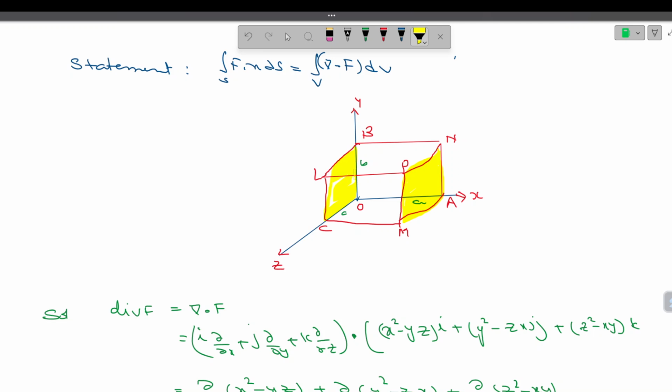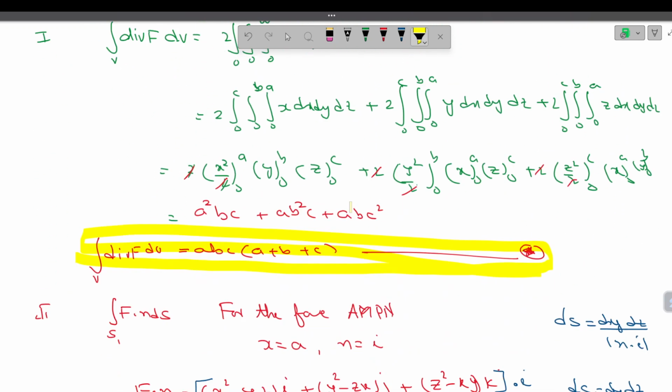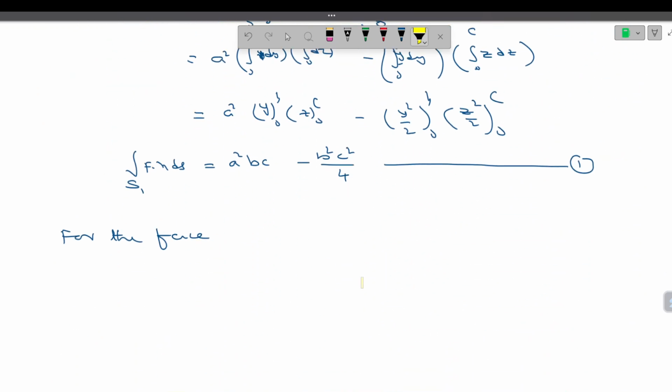For the face OCLB, a unit normal is n equal to minus i and x equal to 0. And ds is the same thing, dy dz.